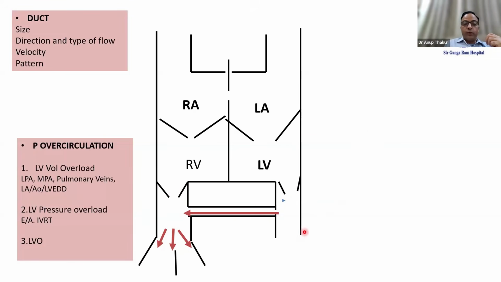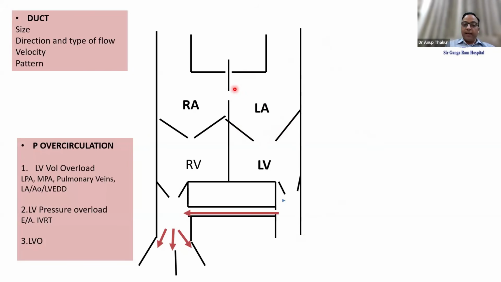Then the same blood has to return to the left atrium via the pulmonary veins. So the pulmonary veins can get dilated, or you can see that the velocities in the pulmonary veins are also high. That can also be measured on functional echo. Gradually, the blood is entering the left atrium, so there will be volume overload on the left side of the heart, and the LA starts to dilate.